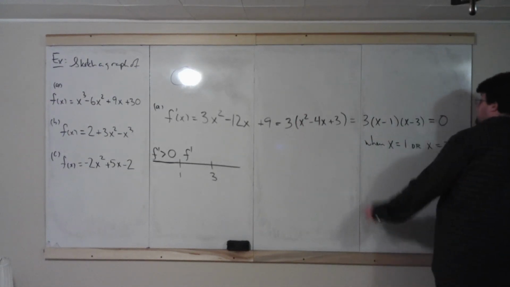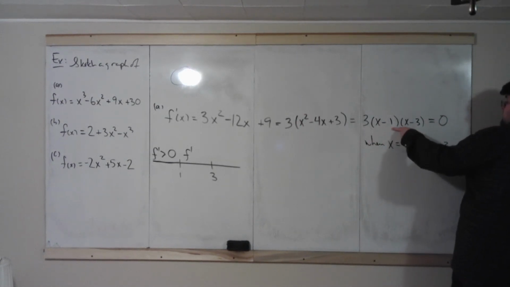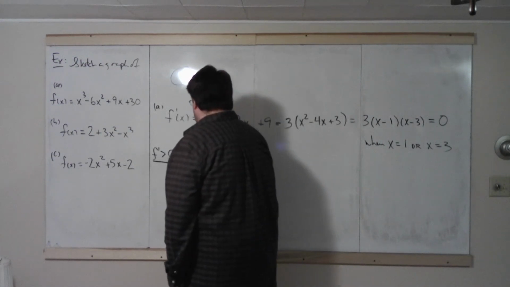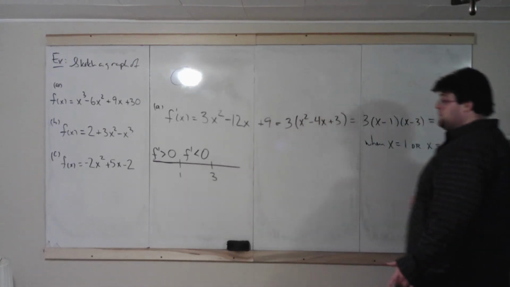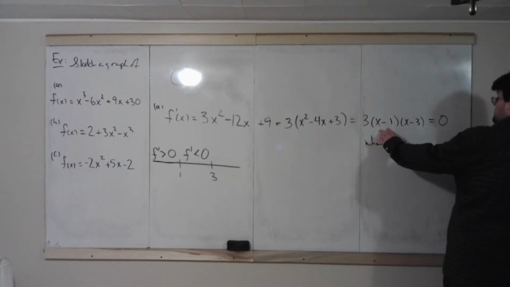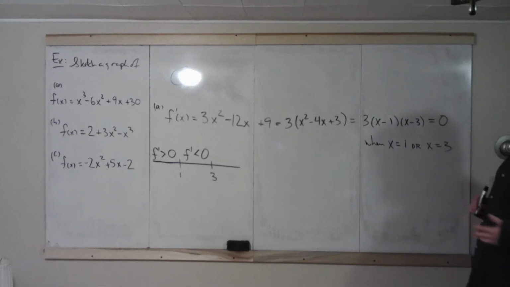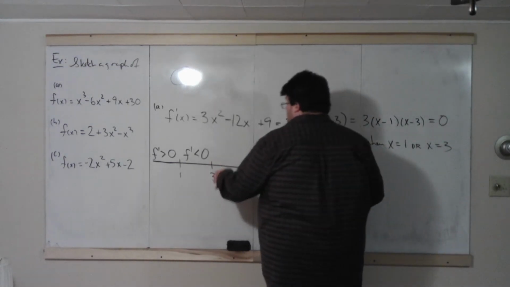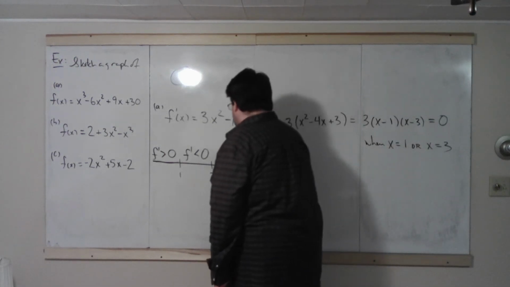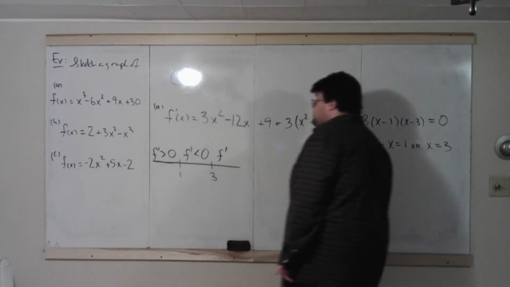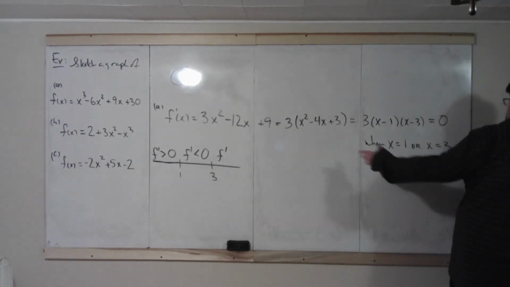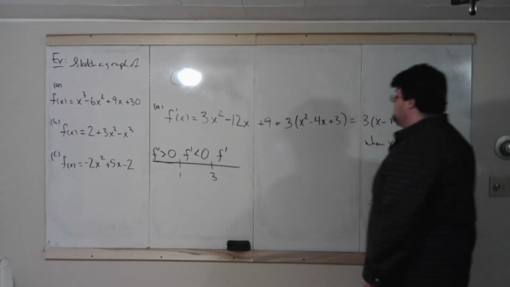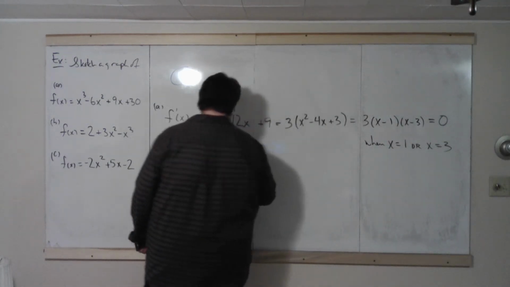Substitute x equals 2, positive times 1 times negative 1. So we got a negative. And similarly, in this interval, pick a number like 4. Substitute x equals 4. You get positive times positive times positive, which is positive.